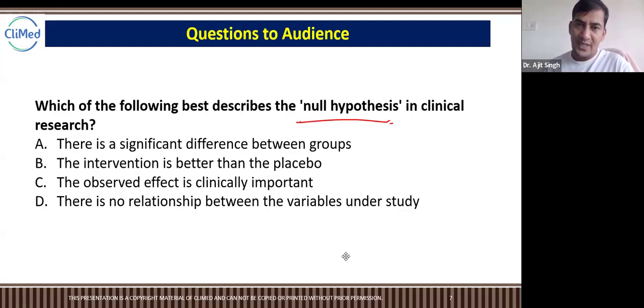Anyone? Negative results save others. Okay. And efforts and money. That's a great answer. Time and money. Okay, that's good. Now let's come back. What is null hypothesis?